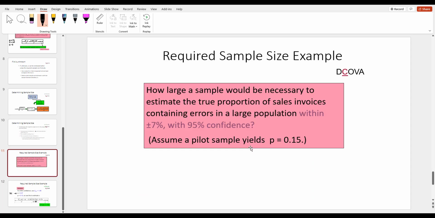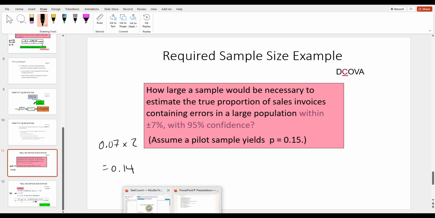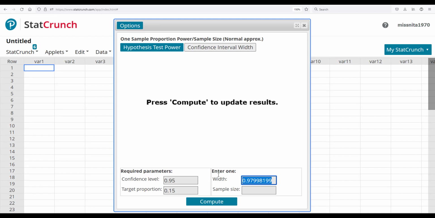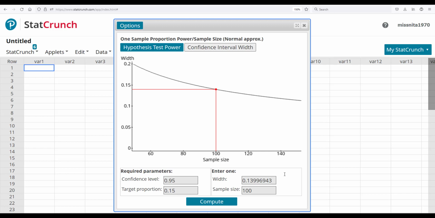So be careful here, because we have to change this to a decimal, and it says above 7%, below 7%. So we're going to double that number, and that's going to give me my width. That gives me 0.14, so that's what I will type in my box. We have all of our information. We're going to hit compute, and as you can see, we get a sample size of 100.